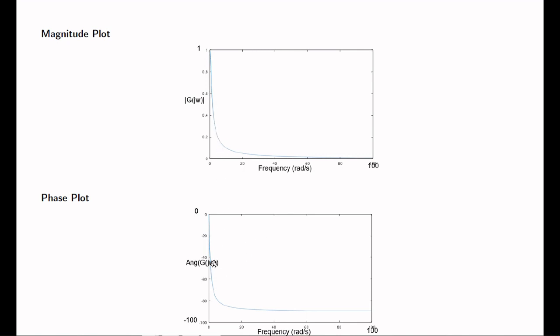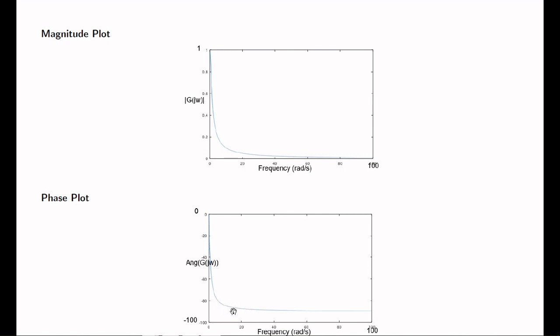And from the phase plot, what I understand is that if I increase the frequency from the lower range to the higher range, the phase contribution is negative. Please see that it is negative. So the output will be lagging by 20 degrees at this particular frequency, 40 degrees at this frequency, and 80 degrees at this frequency.